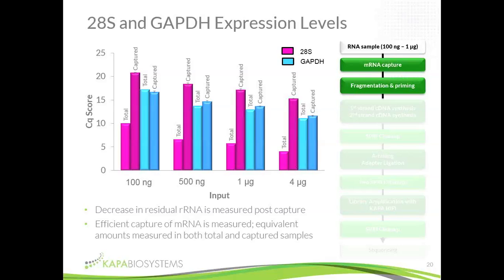On the other hand, there is no loss of the highly expressed gene, and Cq scores are very similar between the total and the captured RNA for GAPDH. This indicates efficient capture of the mRNA. These trends are seen across all inputs that we analyze, 100 nanograms to 4 micrograms of input material.